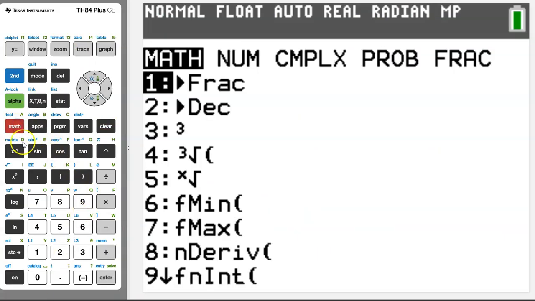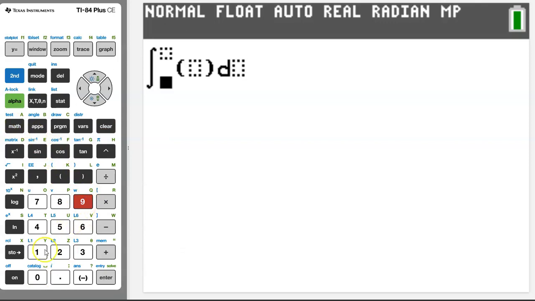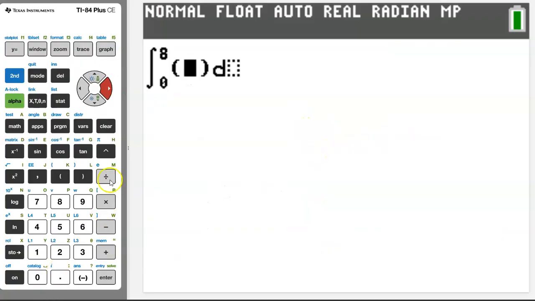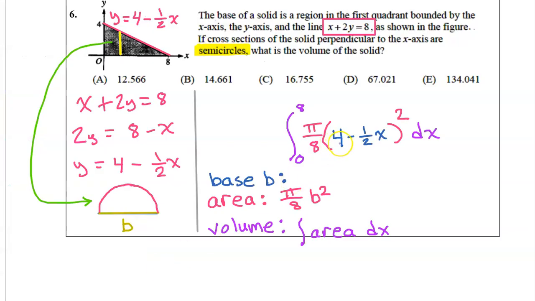So hit Math and choose option 9 for integration and type in the limits of integration from 0 to 8. What's next? We have a pi/8. So let's do pi divided by 8. And then we're going to have to square something later, so we need some parentheses in here. 4 minus 1/2 x quantity squared.